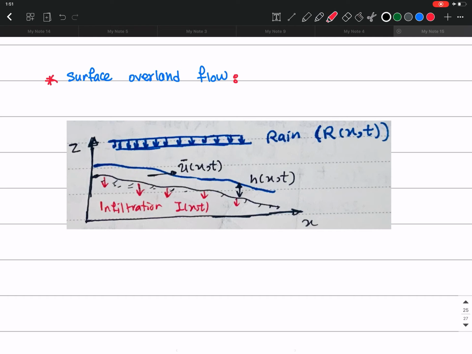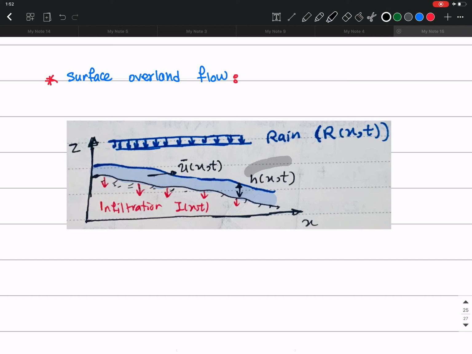So let's get started. So imagine we have this flow that is moving over some slope. Okay, so we have this water. It could be a river or a channel that is moving over some kind of a gentle slope, and then it has some velocity u bar, which is the depth average velocity.